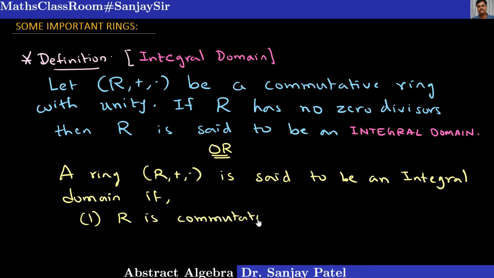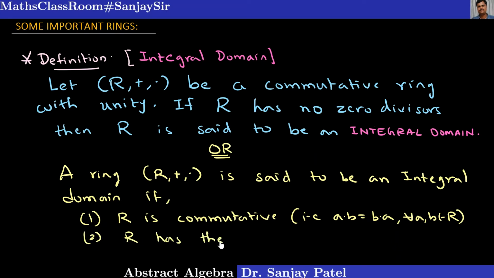That means multiplication of any two elements in any order gives the same result, that is, A·B = B·A for every A, B belongs to R. Secondly, R has the unity element.